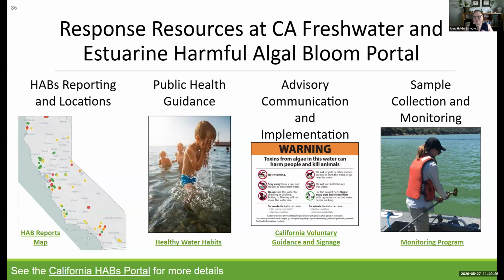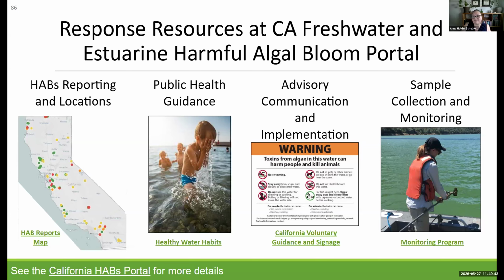In past trainings, we've talked about a deep dive of advisory communication resources and signage and what those mean, as well as public health guidance, as well as our FHAB reports map.